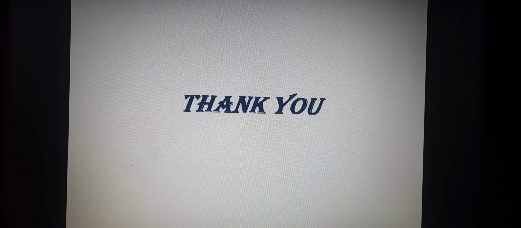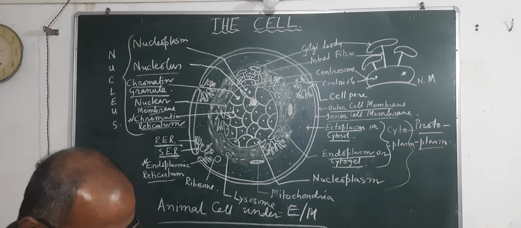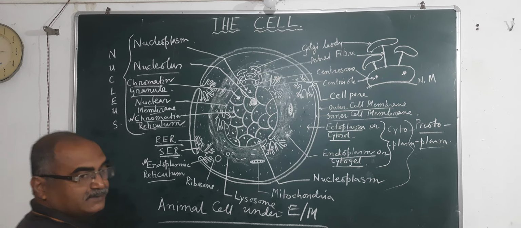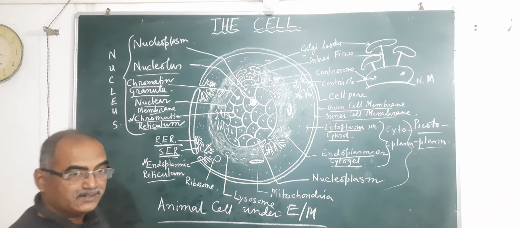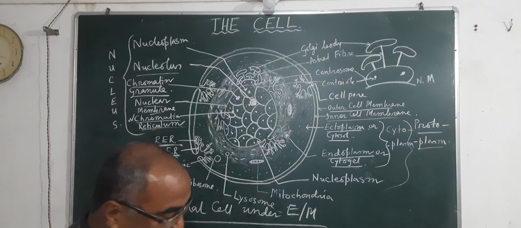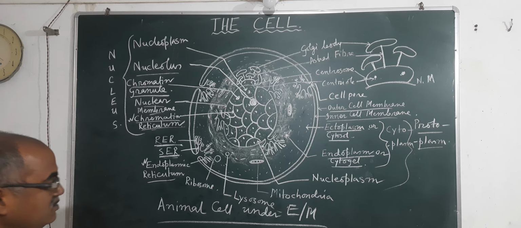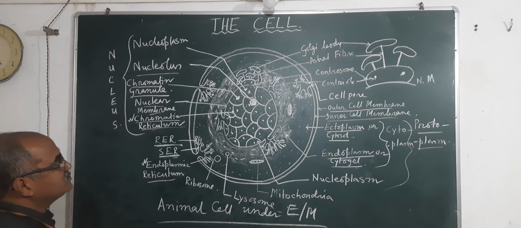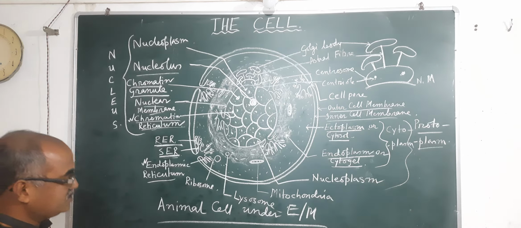So today up to this, and now you come to the board. Today probably you have understood everything about the cell. You will draw this diagram nicely, all the things you have seen properly.